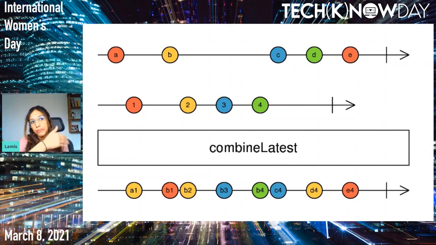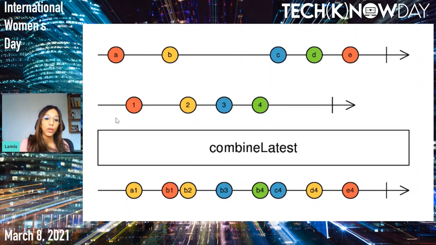It takes as input a collection of observables, here I have two observables, and every time it emits the last value of the given observables. It's not like forkJoin. forkJoin emits only one time at the end, but combineLatest emits every time there is a new emission.